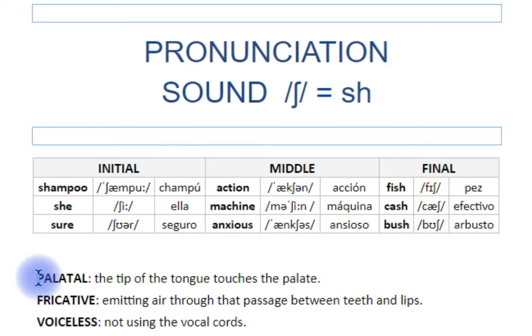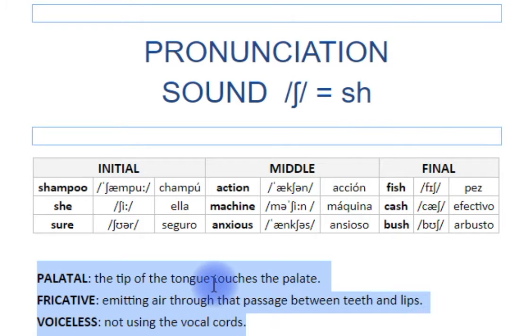The position: you have to place the tip of the tongue against the palate, up high, very high, and you have to push your lips forward a little, like arching the lips forward, like when you make the gesture for "be quiet". Hush, shh, shh. This way you will get the right position for this sound.